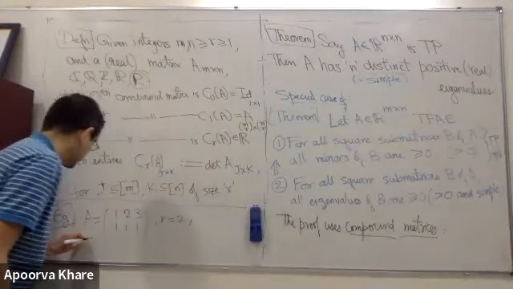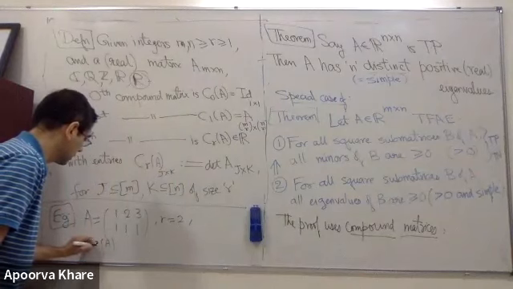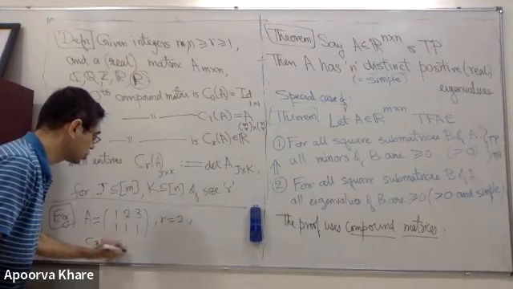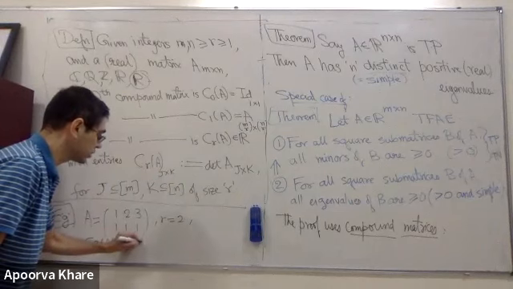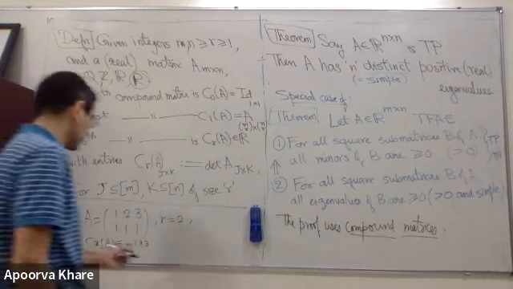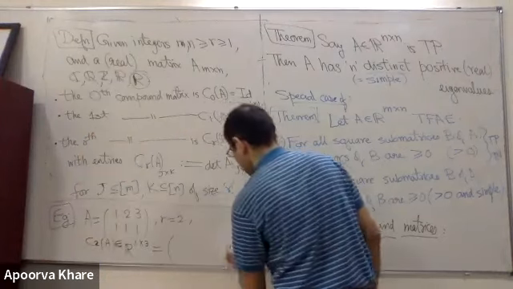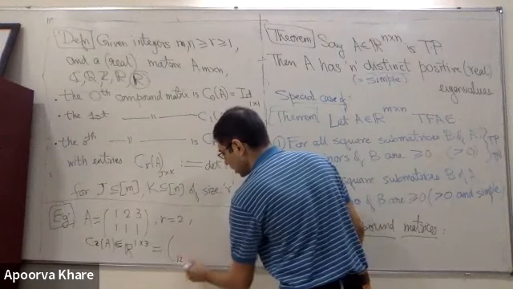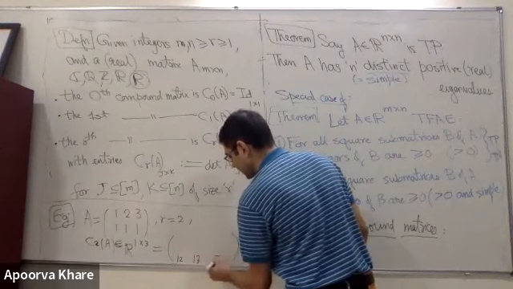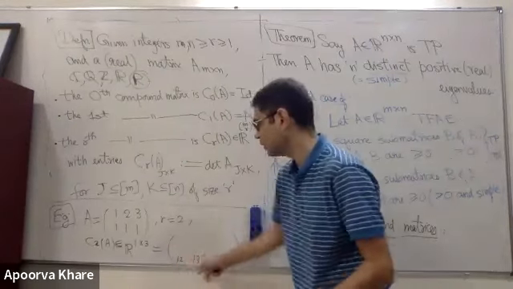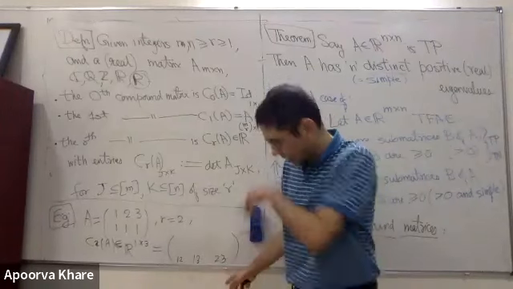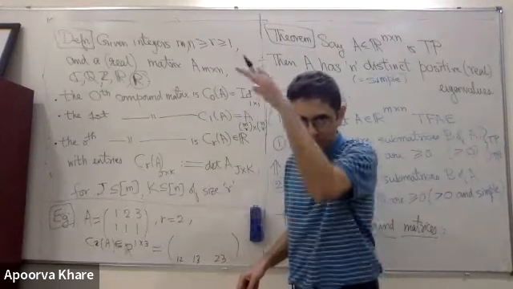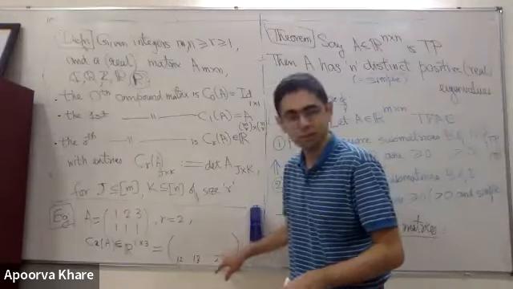So C2 of A is a 2 choose 2, cross 3 choose 2 matrix. And what are the minors? If I label the columns 1, 2, 3, I choose the first 2 columns, the first and the third column, the second and the third column. I'm writing these down in dictionary order, so AB, AC, BC.